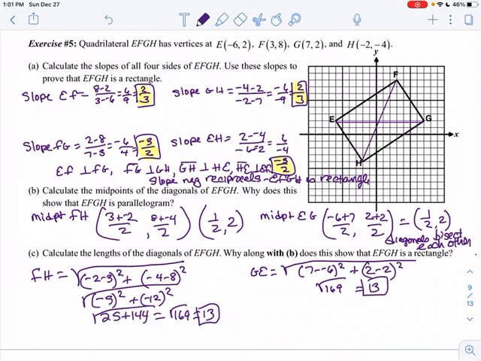All right, so it's a parallelogram because the diagonals bisect each other. They have the same midpoint, and the diagonals are congruent. Then it's a rectangle. So this is another way to prove something is a rectangle.